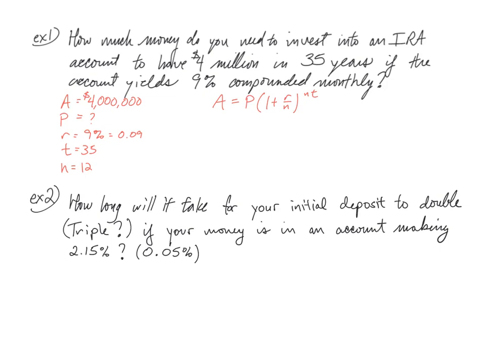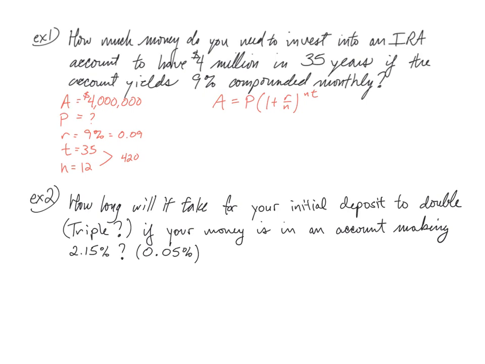Now, off to the side here, I know I'm going to have to multiply t times n because it's in the exponent here. And when I do that, I get 420. So 420 will be in the exponent up there. And what else do we need? We need to divide r by n.